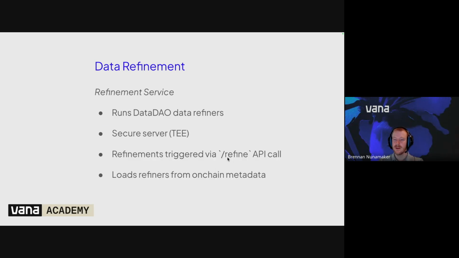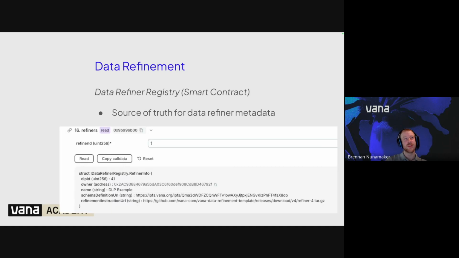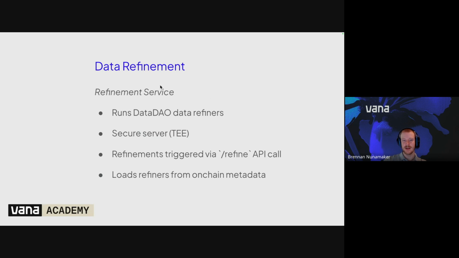Also to note, this API endpoint is authenticated. Most of these services in the data access use a form of authentication where we have a custom header field in the API request where the owner wallet signs something relevant to that API request.